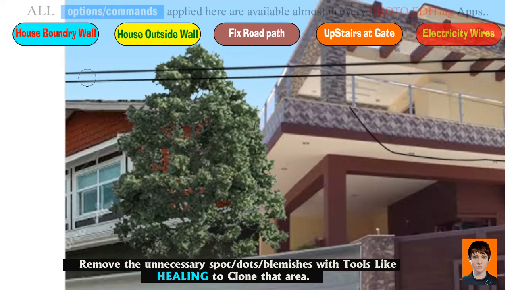Start removing all the wires. That is the biggest obstacle in the beautification of any photo.